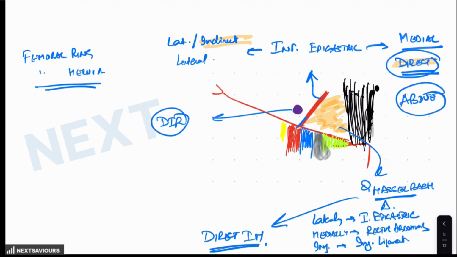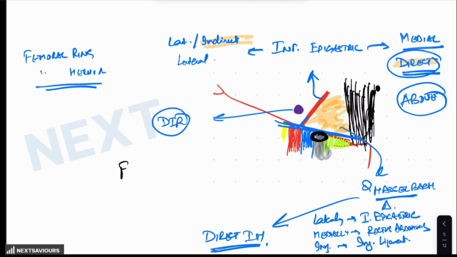Okay. So both of these are above this level. Now, because of the deficiency here in the infrainguinal region, there is this area here which is an area for femoral hernia.